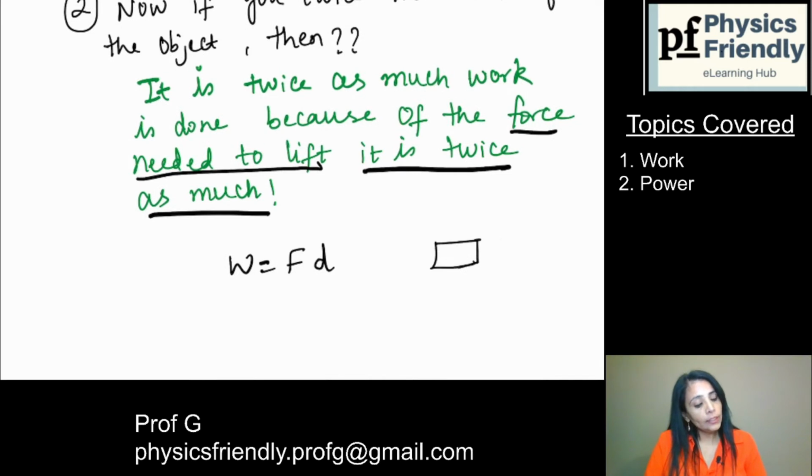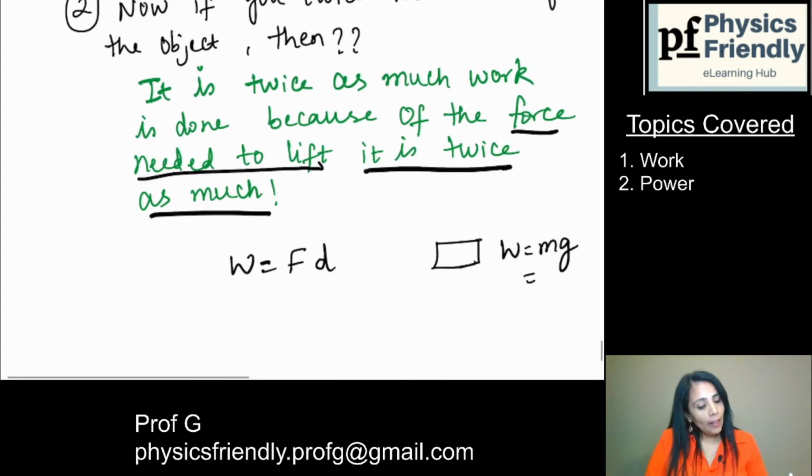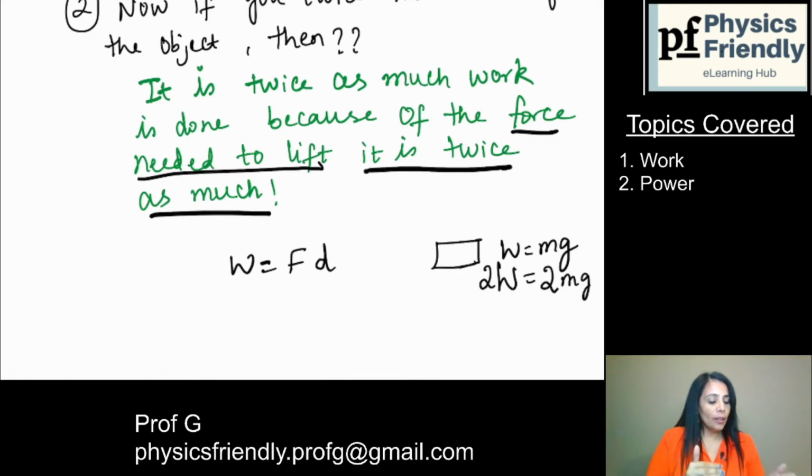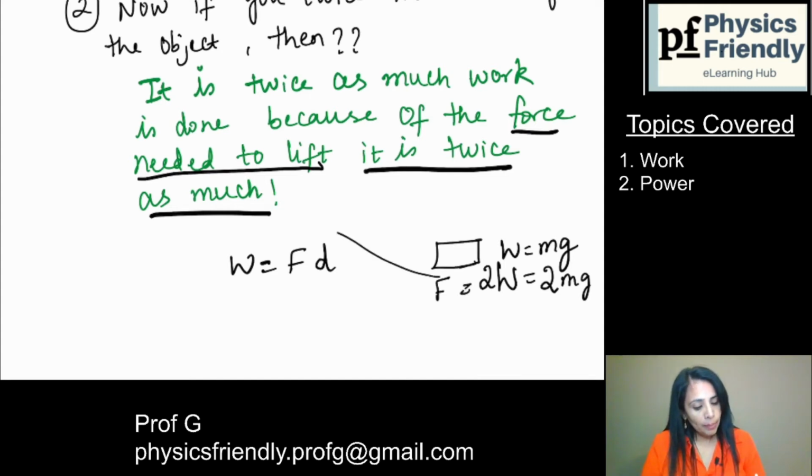The force in this case, or weight, equals mass times gravitational acceleration. If I increase the mass, twice the mass results in 2 times mg, so the weight is 2 times the weight. Now weight is nothing but the force applied, so I can substitute that in place of force here.